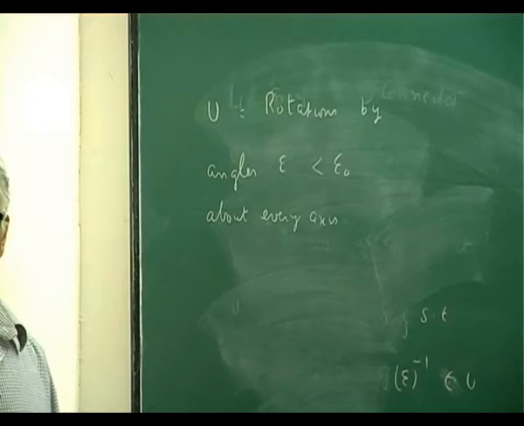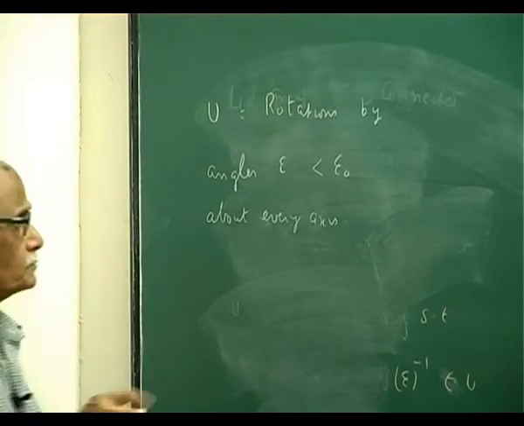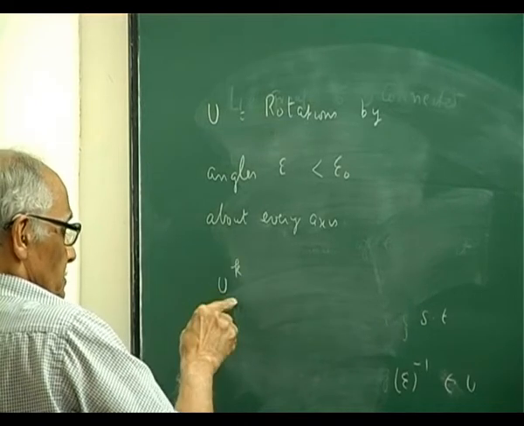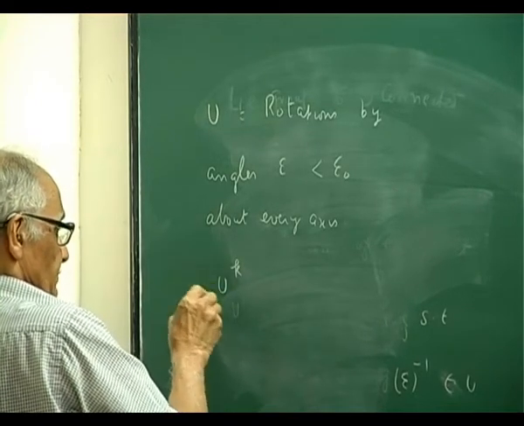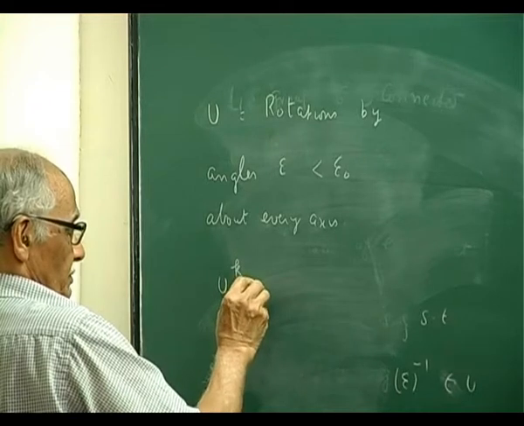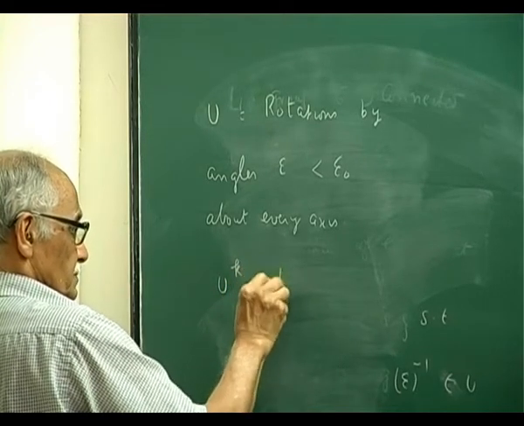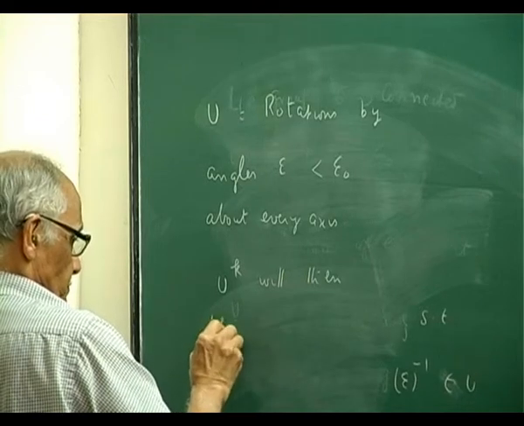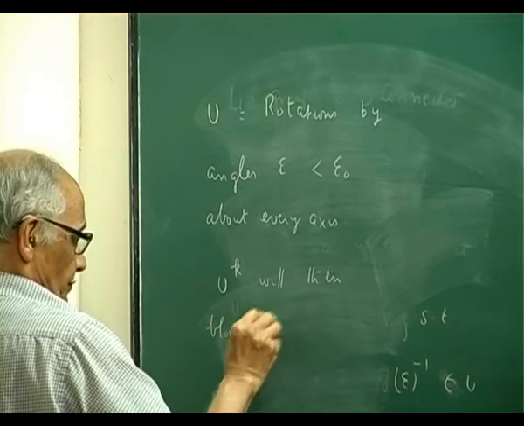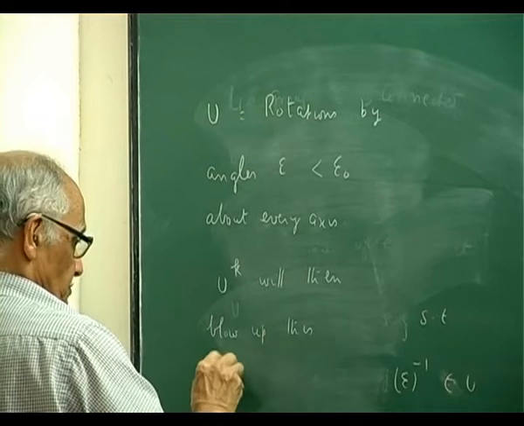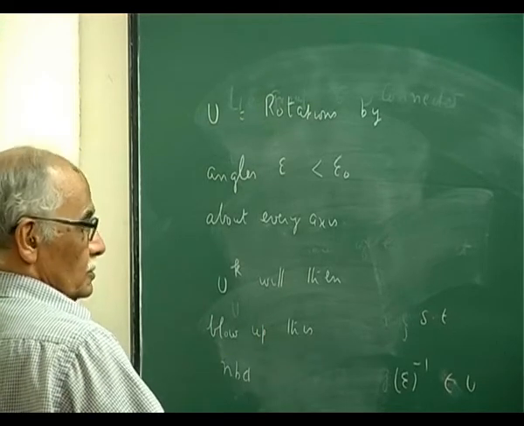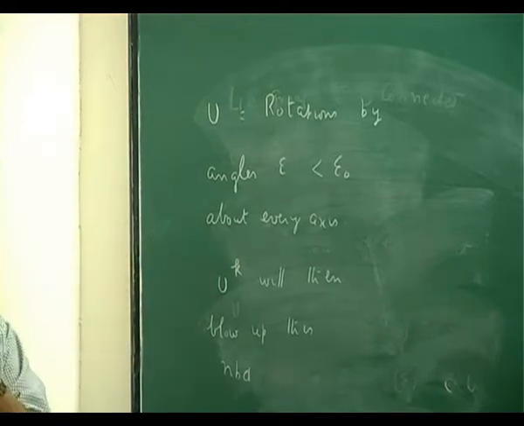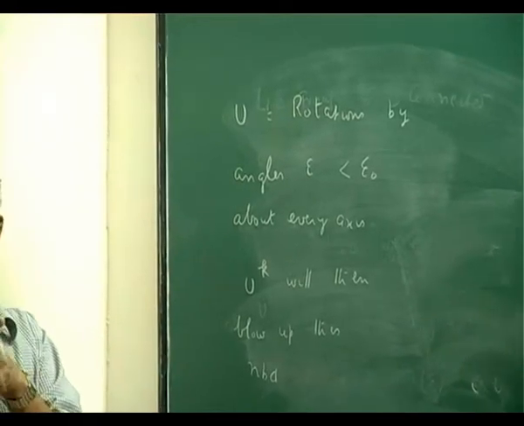Okay, so if I go on taking U to the k, it will blow up this neighborhood. Because you take one axis, you have got all rotations up to epsilon.